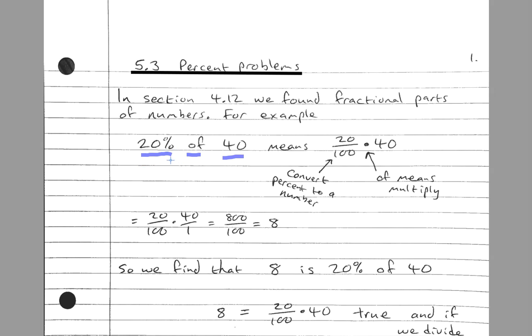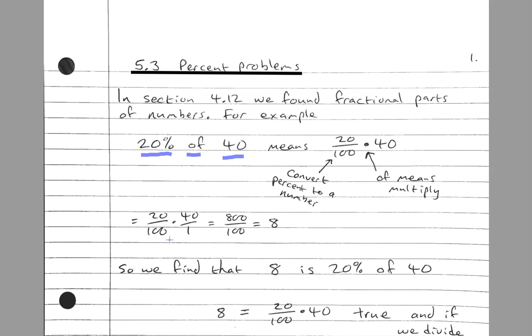Well, first you write 20% as a number, either a decimal or a fraction. As a fraction, it's 20 over 100. The "of" always means multiply. So we have 20 over 100 times the number 40.